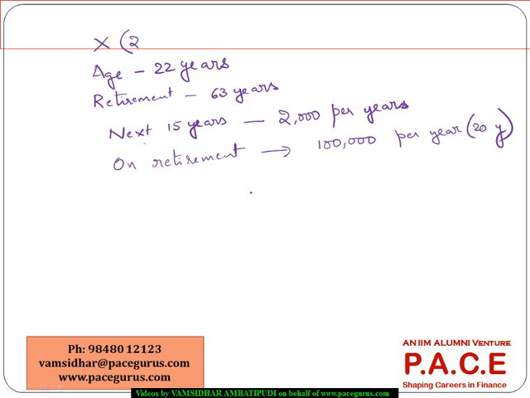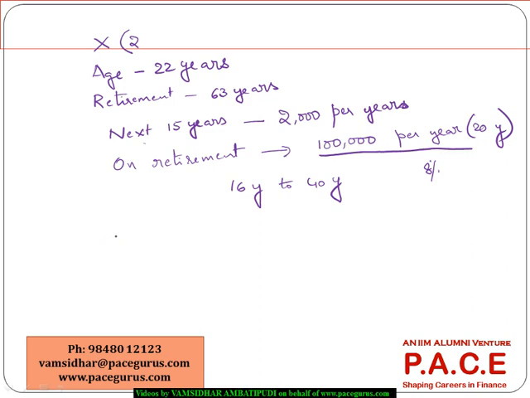Now my challenge is, how much does this person really need to save from year 16 to year 40 so that this goal is met? In this process, assume that the interest rate is 8% per year. Once you are able to solve this kind of a problem, your understanding of the time value of money becomes completely comfortable.